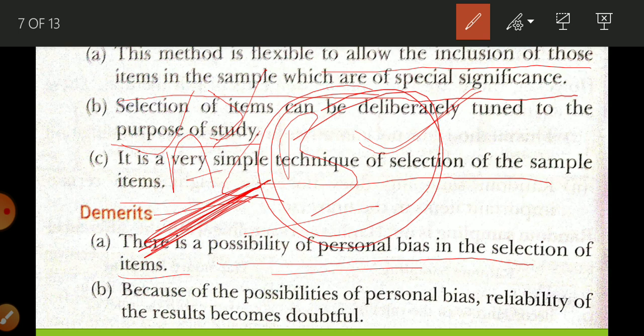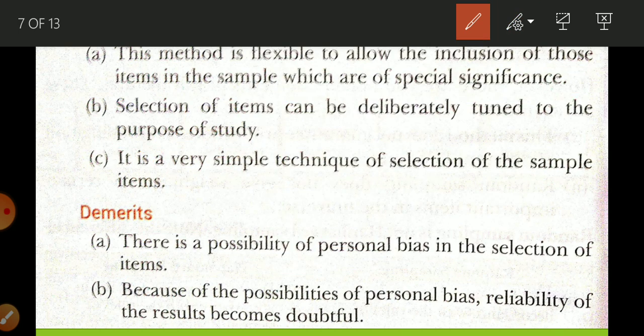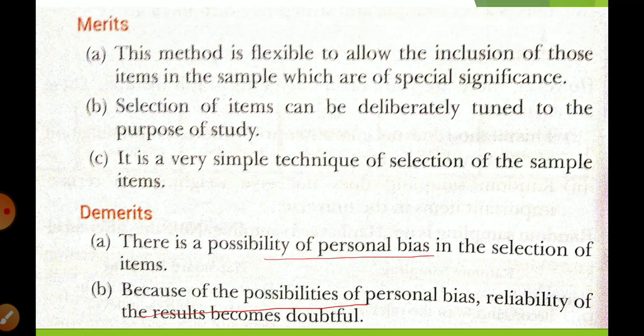Why? Because A is better. So remember that in this method there is always a possibility of personal bias. If the investigator has selected items on this personal bias, obviously the result is going to be doubtful. So this is the demerit.